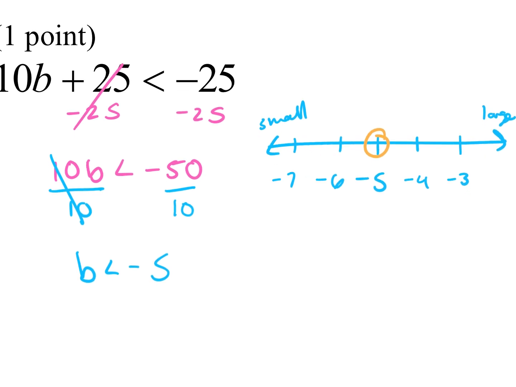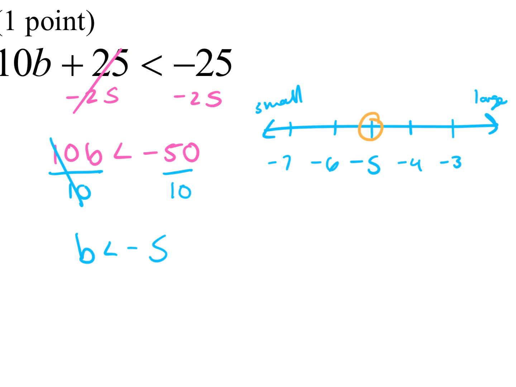So let's plug in a number. What number can we plug in to test? Negative 6. Is negative 6 less than negative 5? Yes, this is true. So I shade less than over here. Any questions?